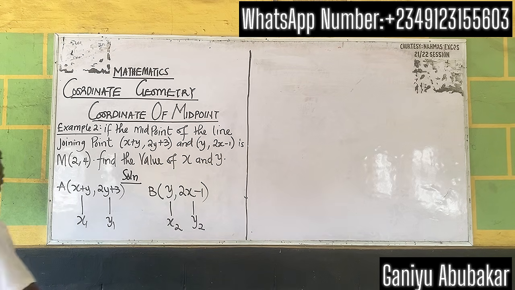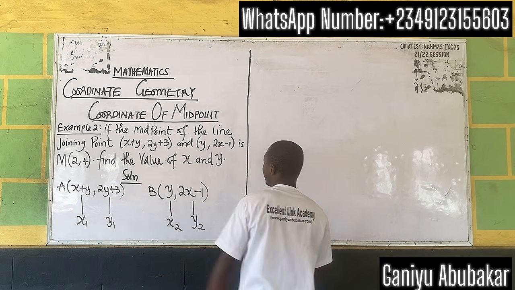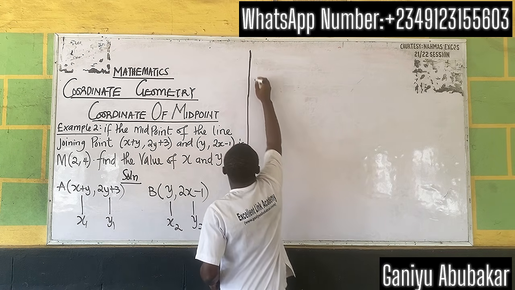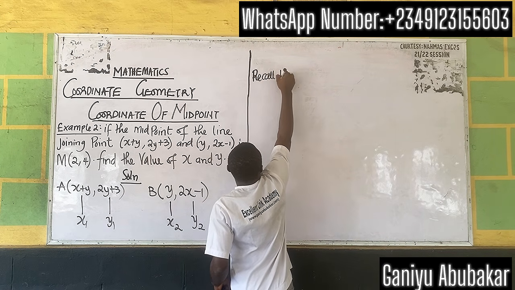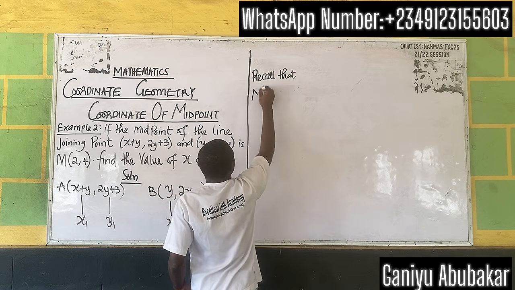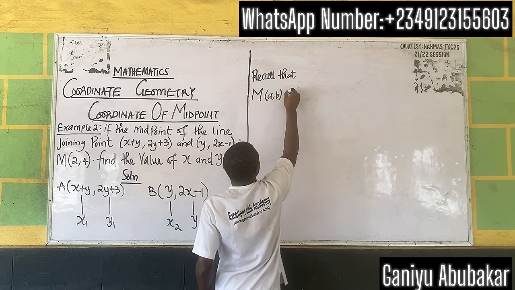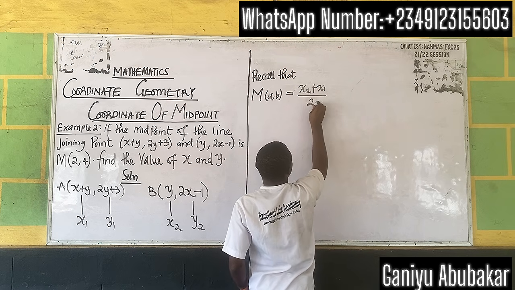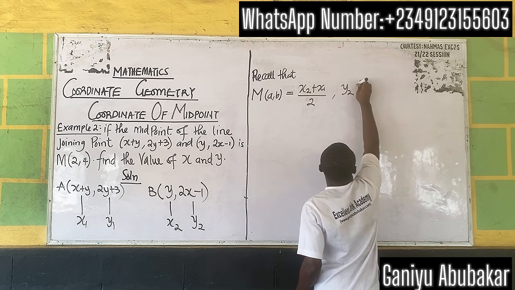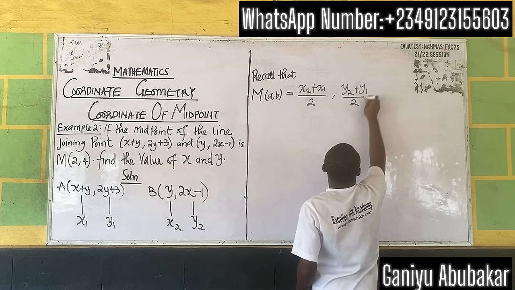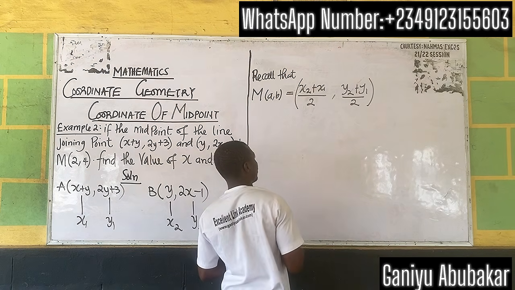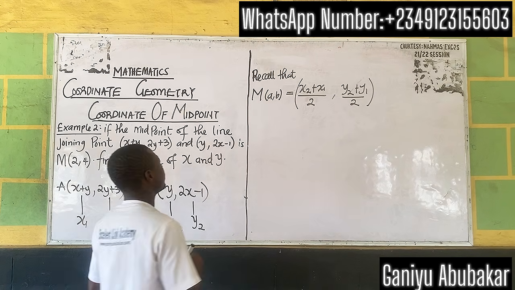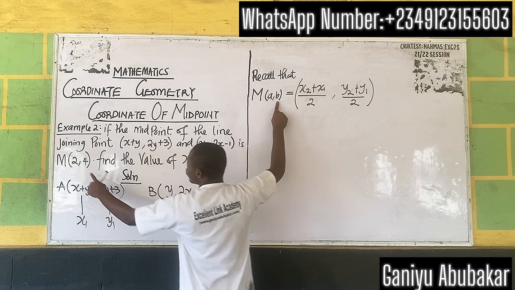So first things first, it says if the midpoint of the line joining point A and B is this value. So first things first, recall that we established that the midpoint of A comma B is equal to what there? X2 plus x1 over 2 comma y2 plus y1 over 2. This becomes the formula we established recently. Next up here, they told us that the midpoint of A and B is 2, 4.